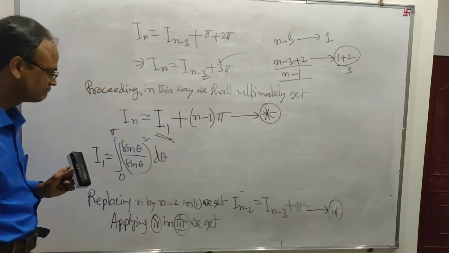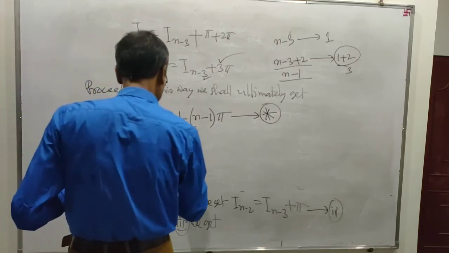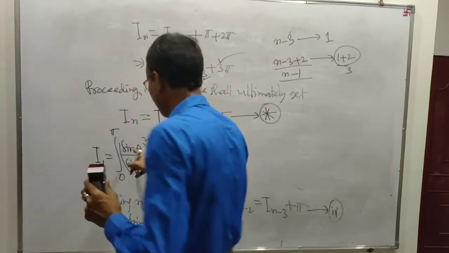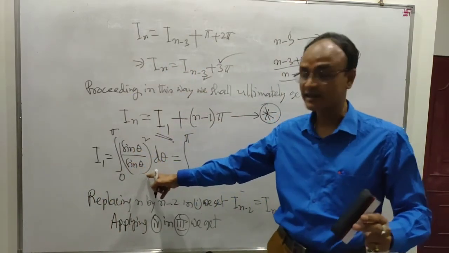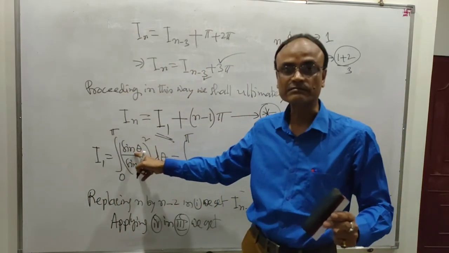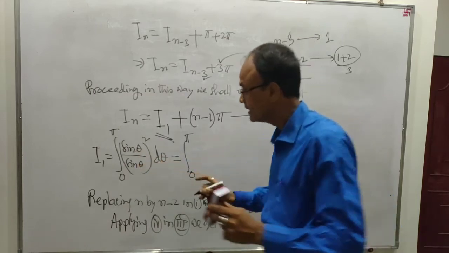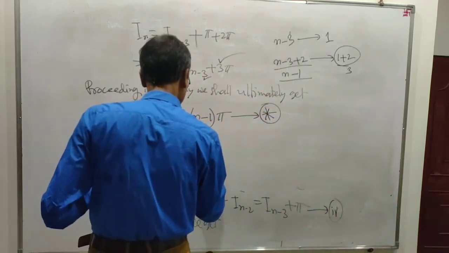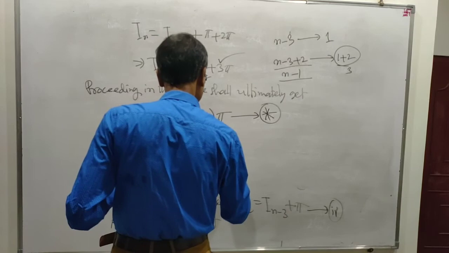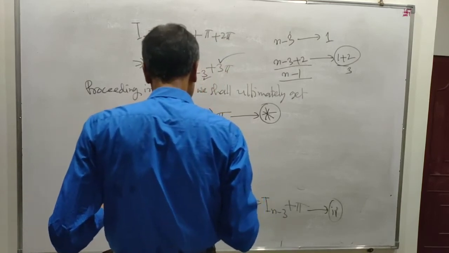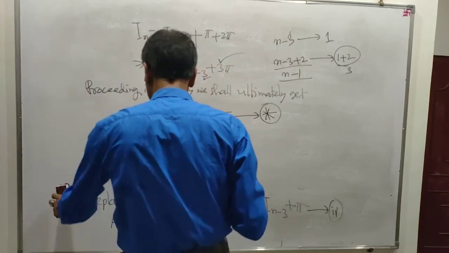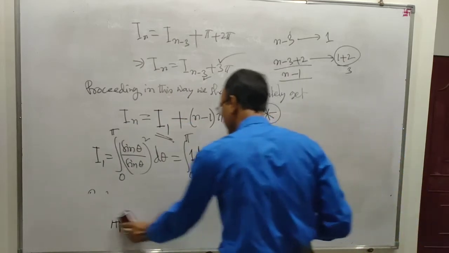It will be this. This is equal to 0 to pi sin m theta by sin theta whole square. For m we have written 1. It will be equal to 1 d theta. This is equal to pi. It will be pi.